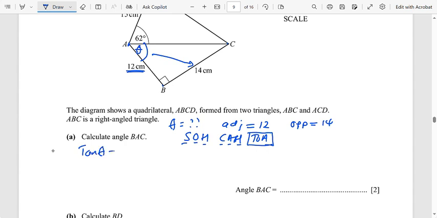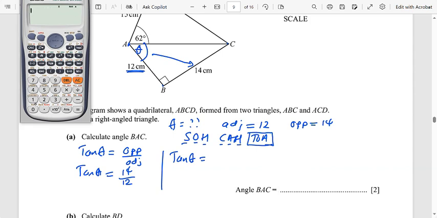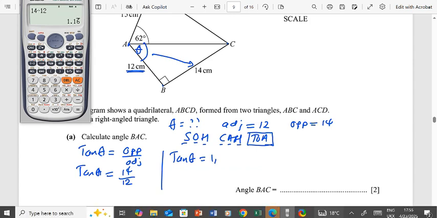So tan theta is equal to opposite over adjacent. So tan theta is equal to the opposite there. We said it's 14 over the adjacent, which is 12. So tan theta is equal to, when I make use of my calculator, 14 divided by 12 just gives me 7 over 6, or 1.166 dot dot dot.